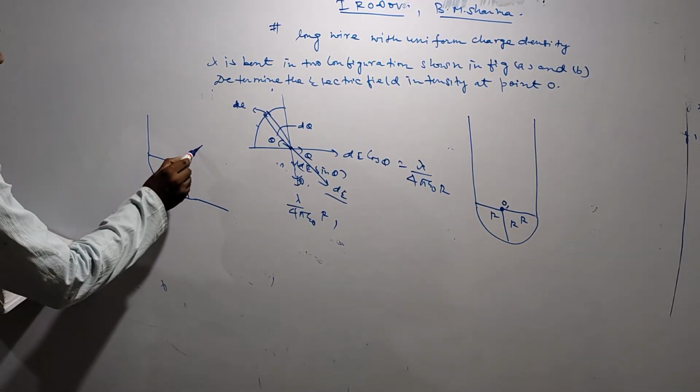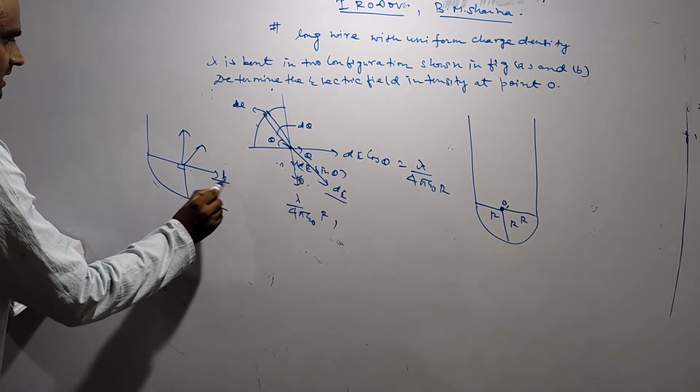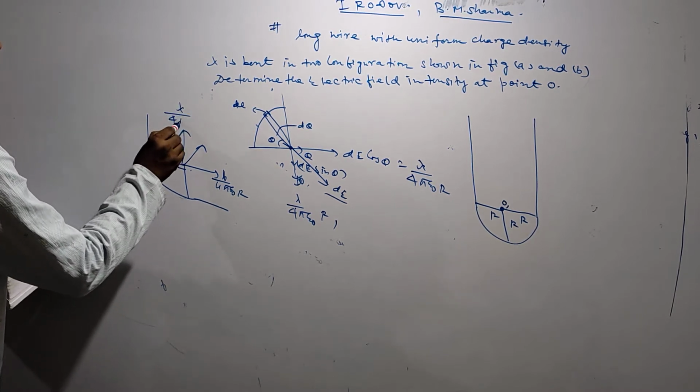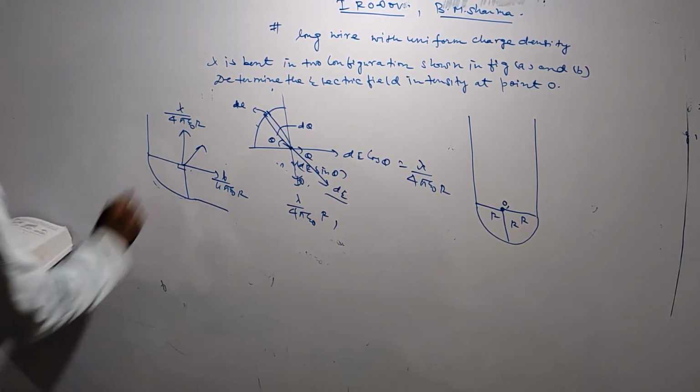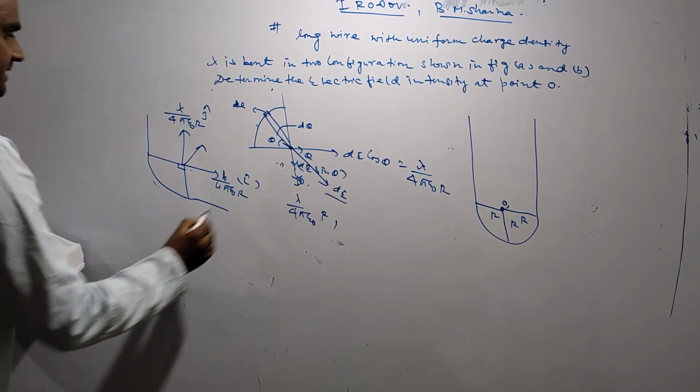So its components are in this direction and this, lambda by 4 pi epsilon naught r each, in perpendicular directions i and j.